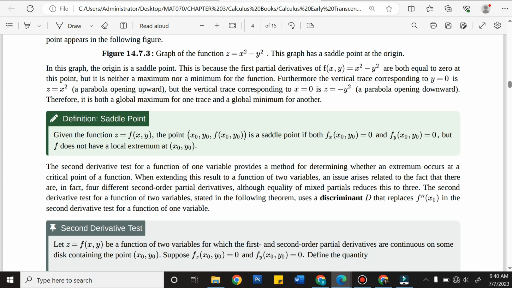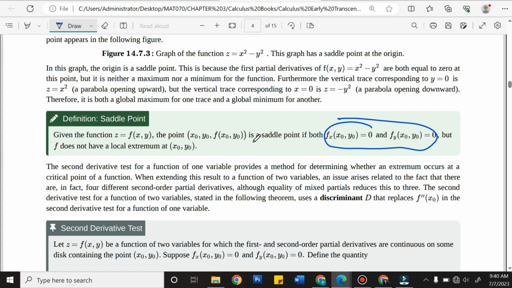A saddle point exists when, after getting the derivative, both x and y yield 0, but there is no local extremum, so no maximum or minimum. Then we can say that the point f of x sub o, y sub o is a saddle point.